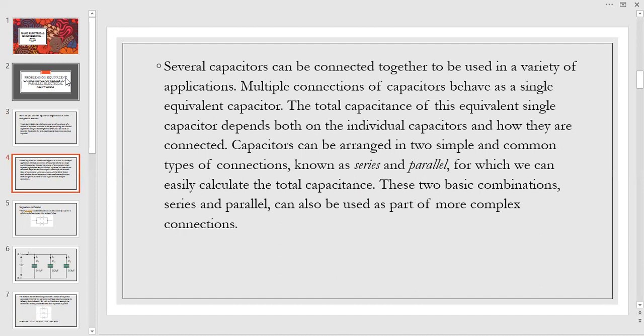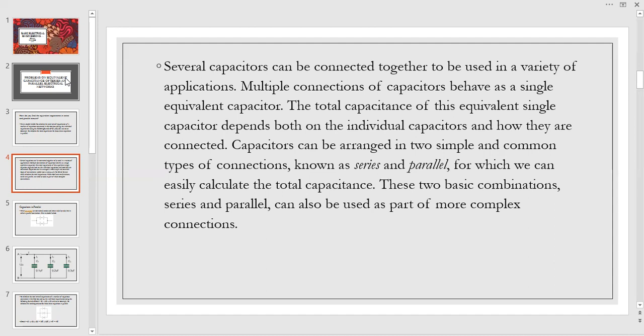Several capacitors can be connected together to be used in a variety of applications. Multiple connections of capacitors behave as a single equivalent capacitor. The total capacitance of this equivalent single capacitor depends both on the individual capacitors and how they are connected.